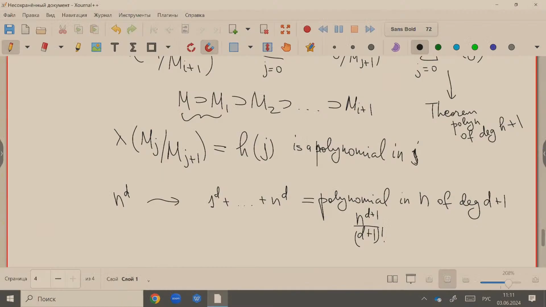But this is actually related to binomial coefficients, because this is precisely how binomial coefficients arise naturally in our context. We have rewritten this lambda in terms of binomial coefficients, and the sums can be expressed by binomial coefficients.